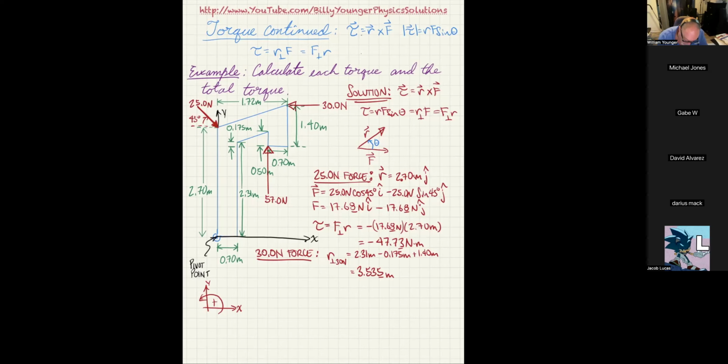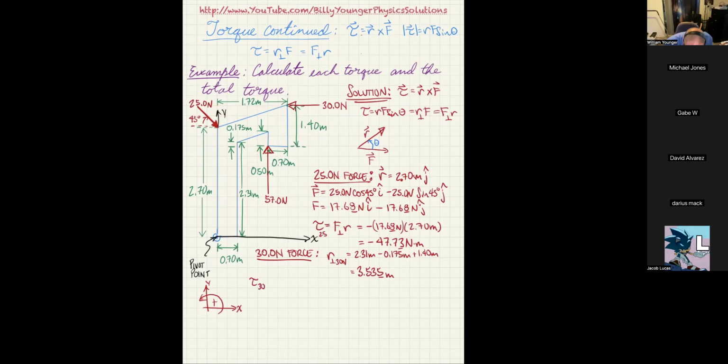Because remember, again, the lever arm is this vector, but that vector has this component, which we just calculated, and this component, which we don't need. Not yet, anyways. So now we can say torque, and I should call this one 25.